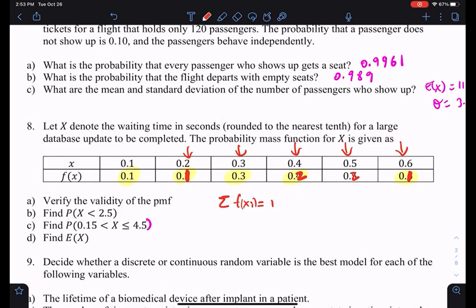You just need to add the probabilities and check that they're equal to 1. So 0.1 plus 0.1 plus 0.3 plus 0.2 plus 0.2 plus 0.1. Is that equal to 1? Check. 2, 5, 7, 9. Yeah, 1. So true. Next.